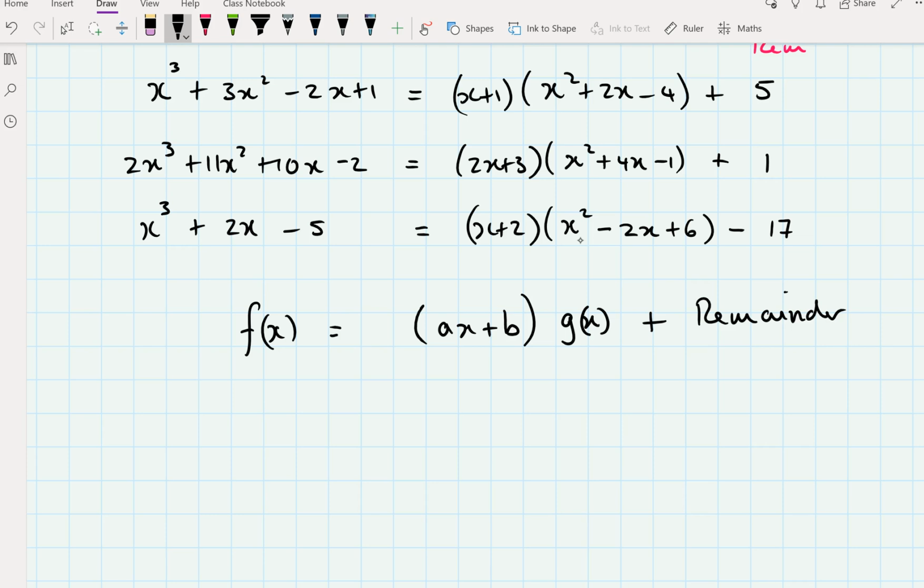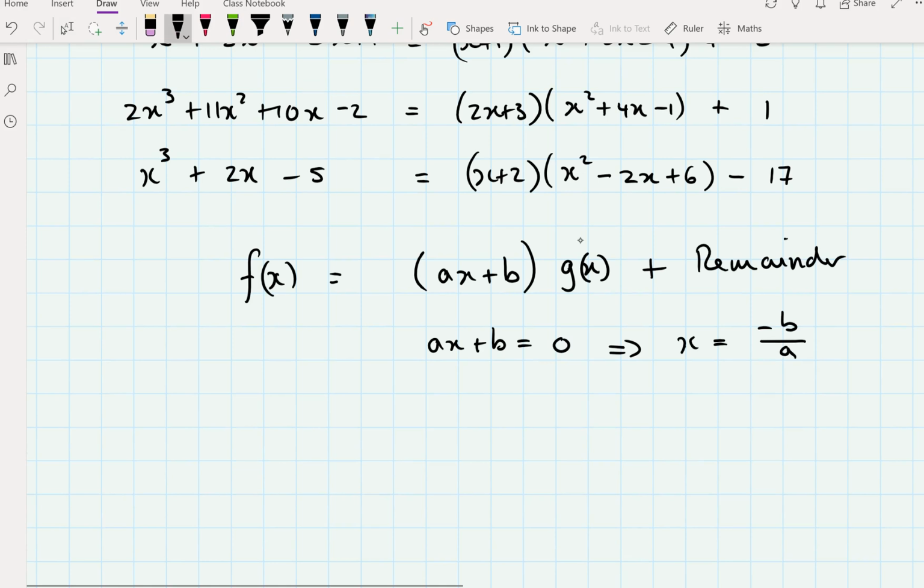And the only way in which we're going to get rid of this part is to make ax plus b equal 0. Because then I've got 0 times g of x, and that's just going to disappear. So if I've got that, I can then say x is going to equal minus b over a.